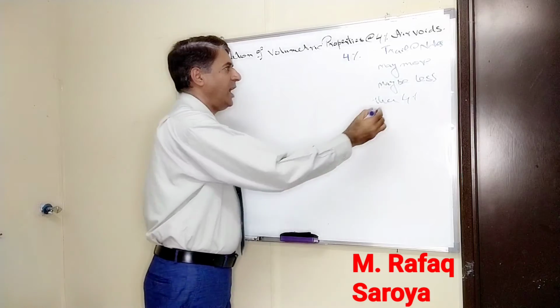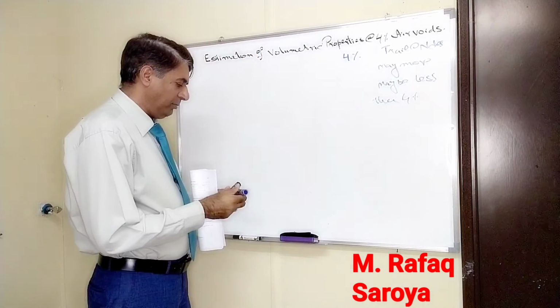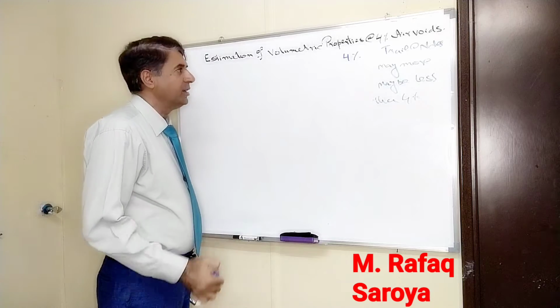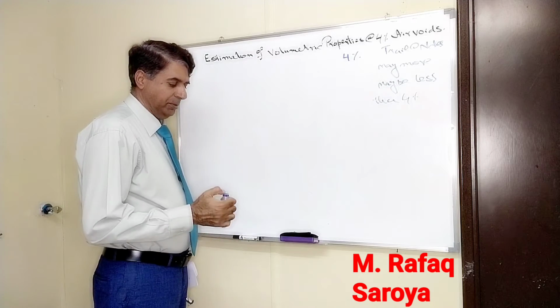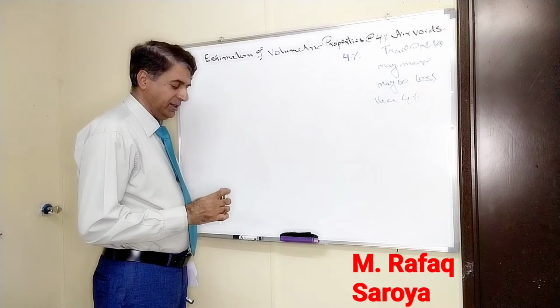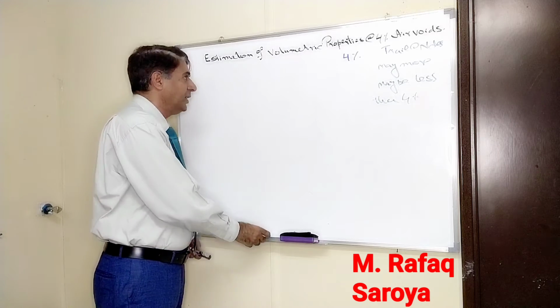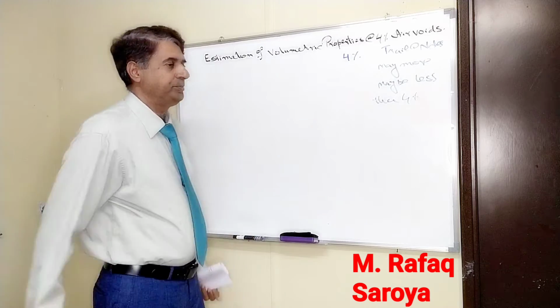So our target is to convert all those volumetric properties to the 4%. This is our fundamental aim of this discussion, which we are going to carry on over here in our lecture. So how will we do this one?